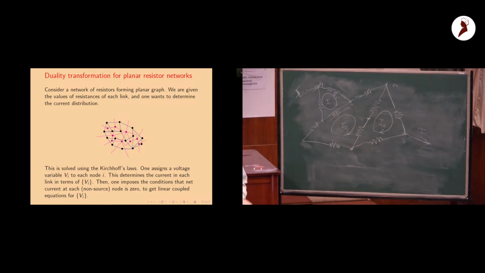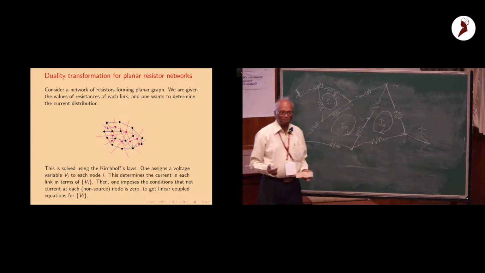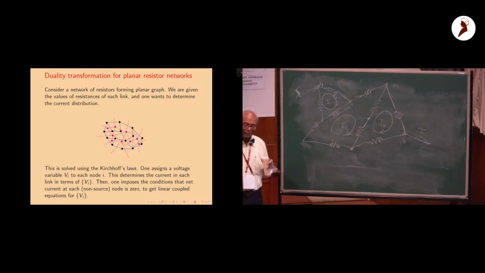So you write down that law, and then the corresponding equations for the others. When I choose the current variables as the basic variables, then the current conservation becomes automatic and trivial. Those equations are always satisfied. But the voltage equations become non-trivial. And I can solve it like that. So that's not a problem.